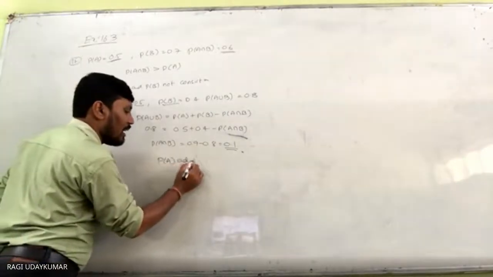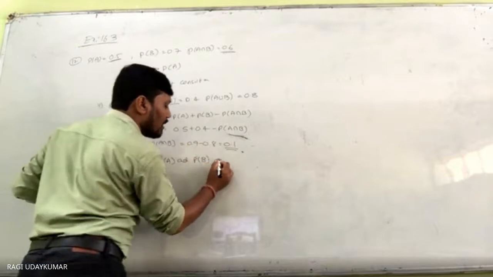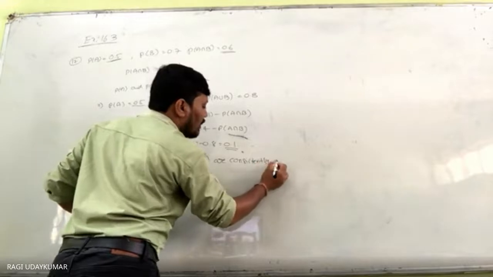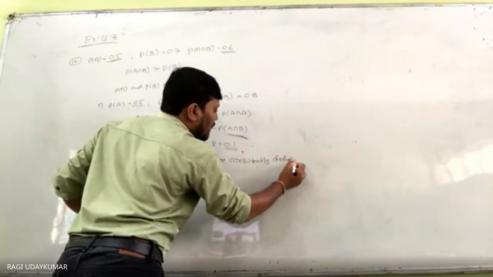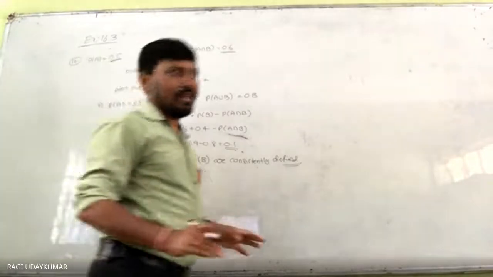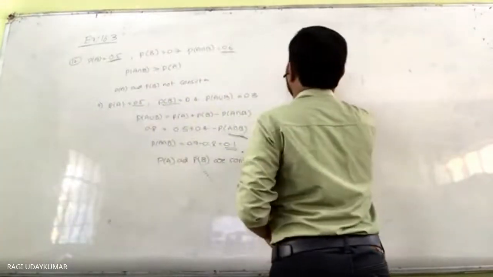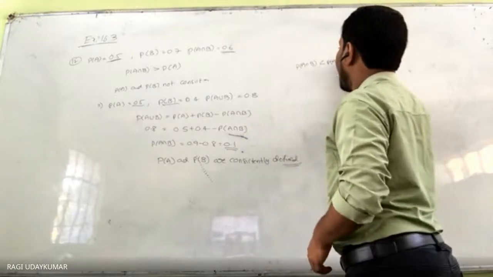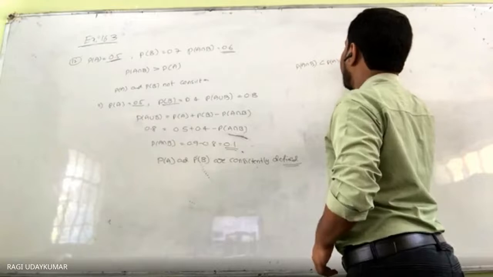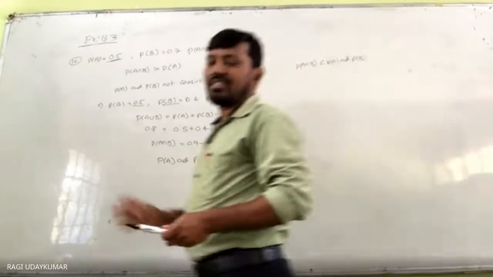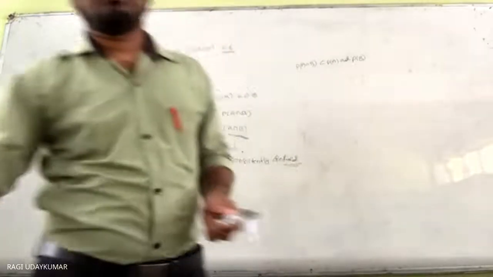The simple thing is, when do we say consistently defined? Probability of A intersection B should be less than the probability of A and it should be less than the probability of B. If it is less, we say consistently defined. If not, not consistently defined.